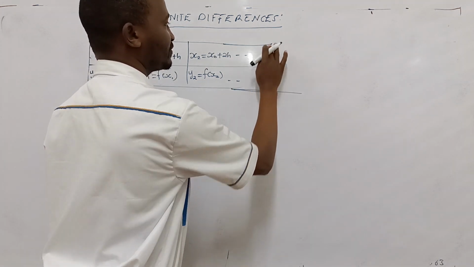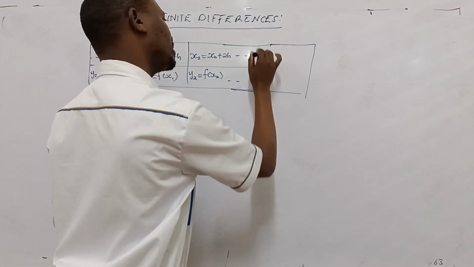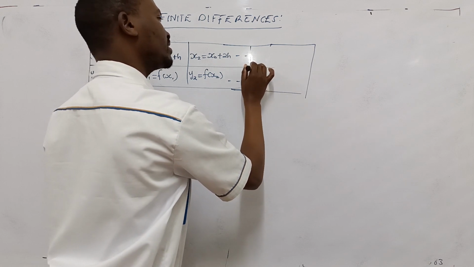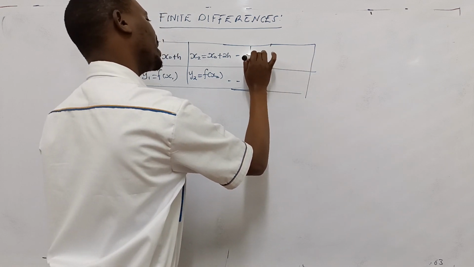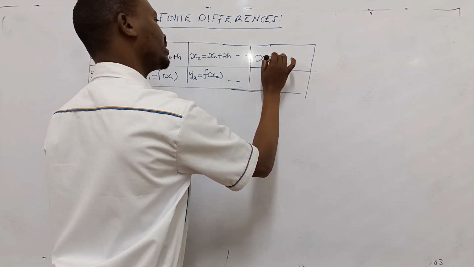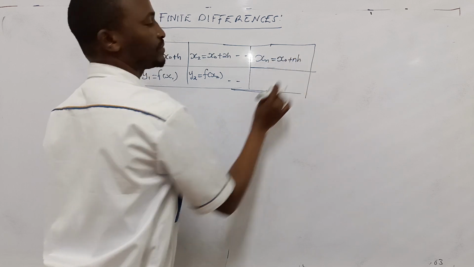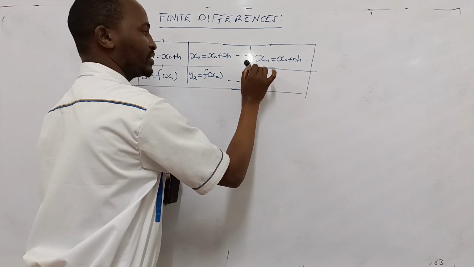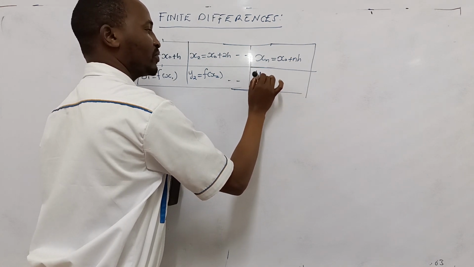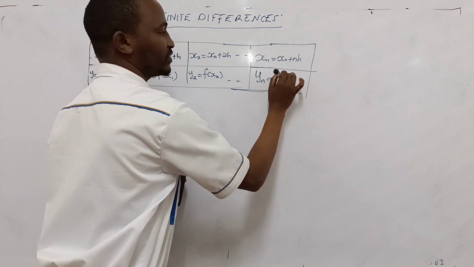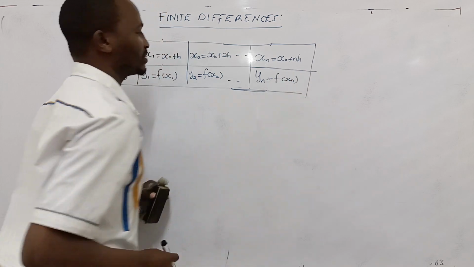up to the very last value in the table, which is xn, which is x0 plus nh, and the functional value here is yn, which of course is a function of xn, and so on.